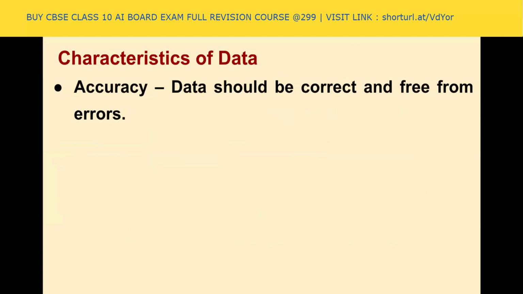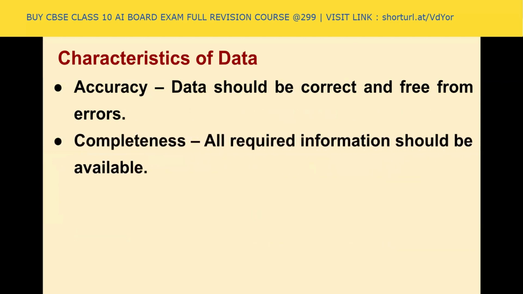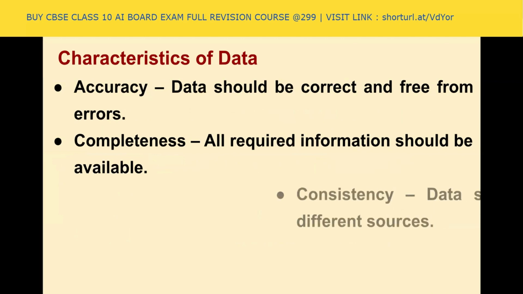Now, what are the characteristics of the data? The very first thing is obviously accuracy. Data should be correct and free from errors. Completeness: we should not be getting incomplete data, so we need complete data.